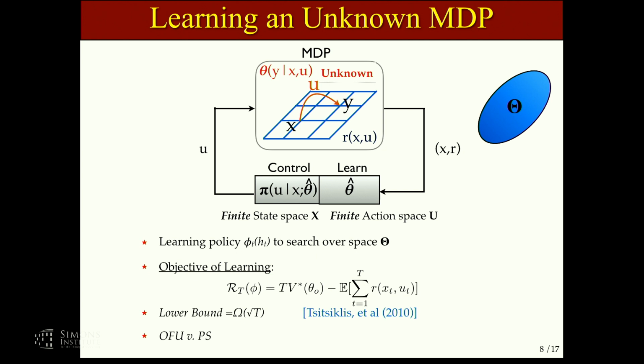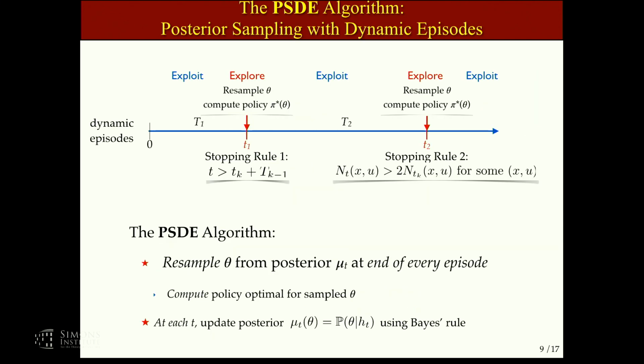OK, so now I guess I have motivated why we should consider a posterior sampling based learning policy for this problem. Specifically, it's computationally simpler. So now let's see how one can do that. The idea behind the algorithm is very, very natural. You divide time into episodes, and the length of these episodes changes dynamically.